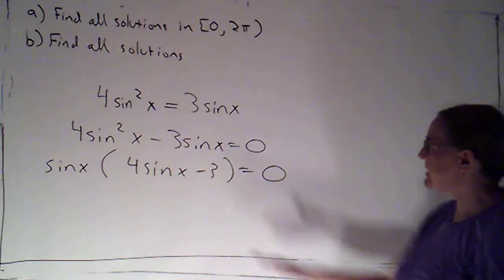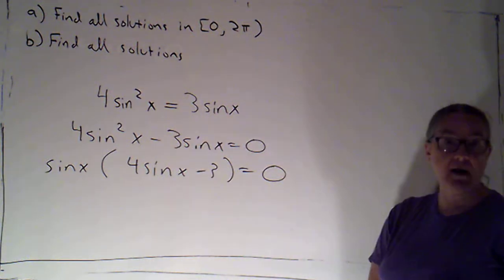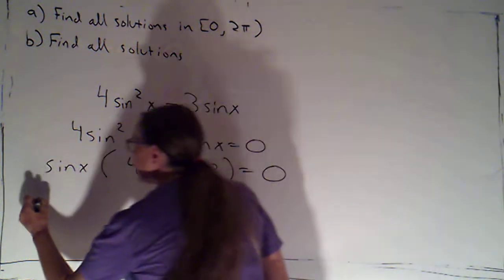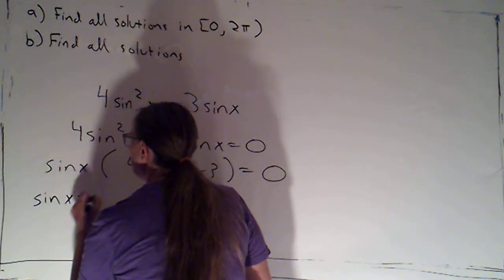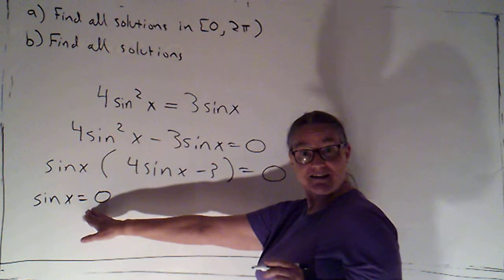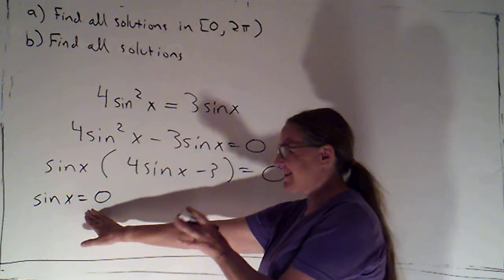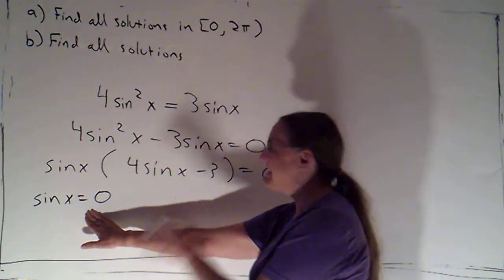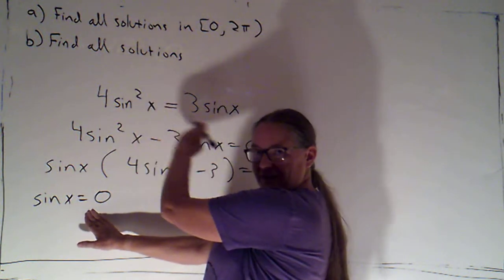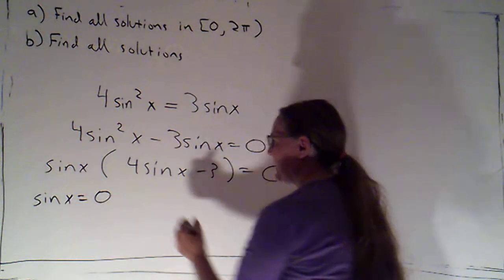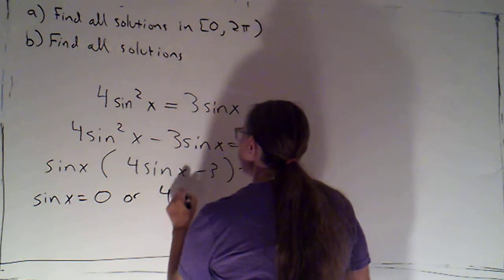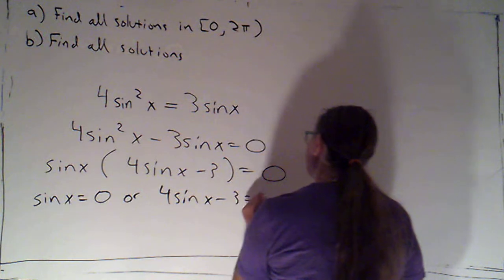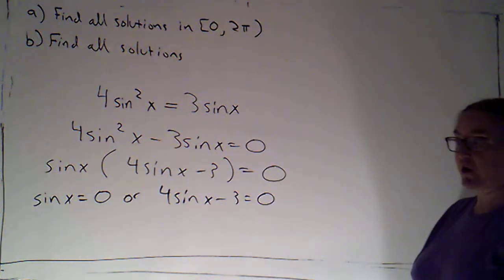But with 0, if two things multiply to give me 0, one of them is 0. So now I can set each factor individually equal to 0. So sine of x equals 0. Those are the solutions that I would have lost if I had made the mistake of dividing through by sine at the beginning. Or 4 sine x minus 3 is equal to 0.